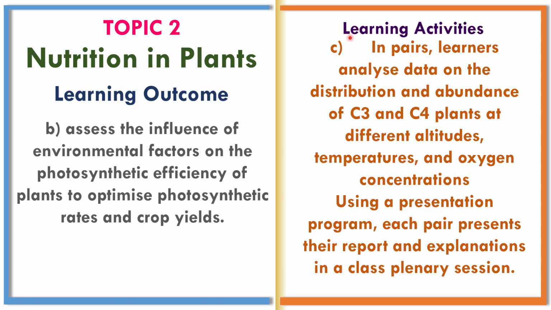We have been looking at learning activity C. In pairs, learners analyze data on the distribution and abundance of C3 and C4 plants at different altitudes, temperature, and oxygen concentration. And using a presentation program, each pair presents their report and explanation in a class plenary session.